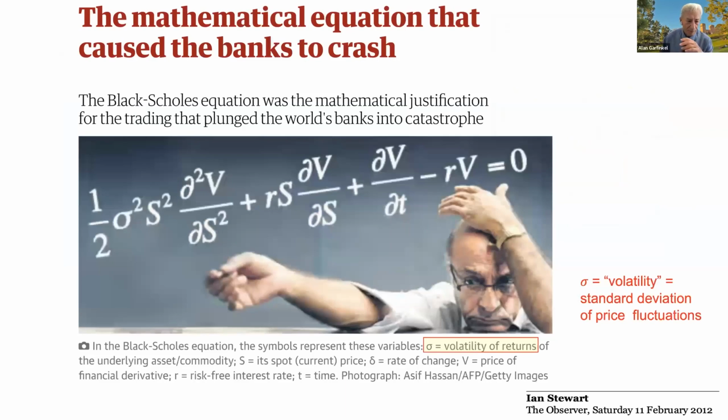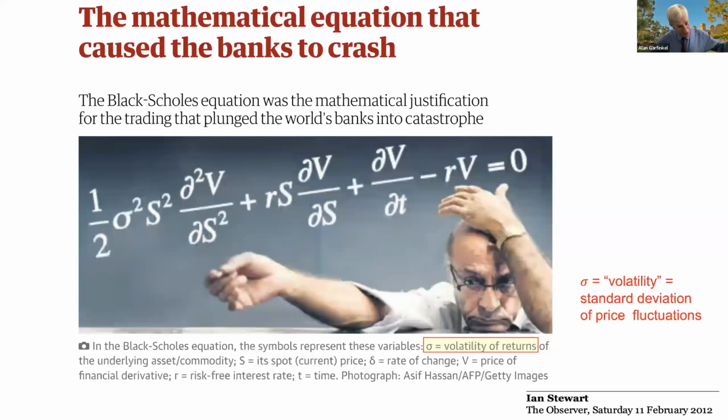How did that happen? Well, mathematical economists got the Nobel Prize in economics, which should be abolished, for the Black-Scholes equation. This is a differential equation that values the price of a derivative of an option. So one of the things that goes into the valuation of an option is how likely are big price fluctuations.